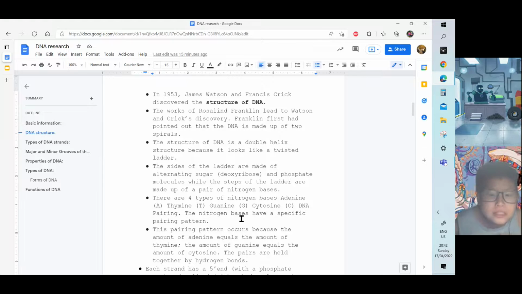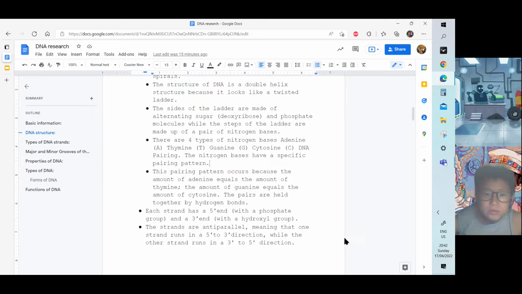The nitrogen bases have a specific pairing pattern. This pairing pattern occurs because the amount of adenine equals the amount of thymine. The amount of guanine equals the amount of cytosine. The pairs are held together by hydrogen bonds.